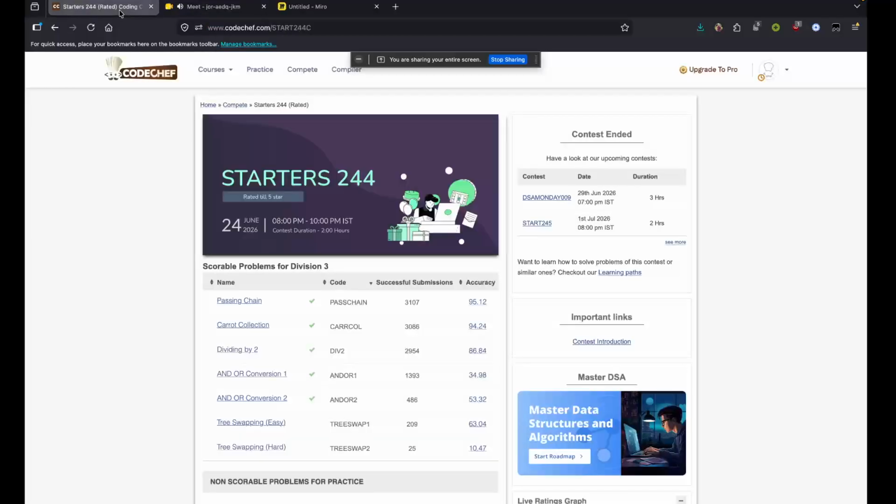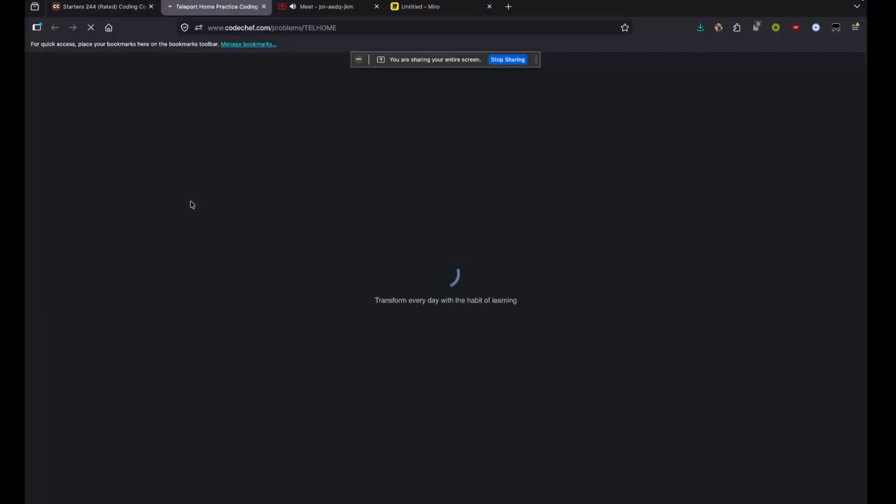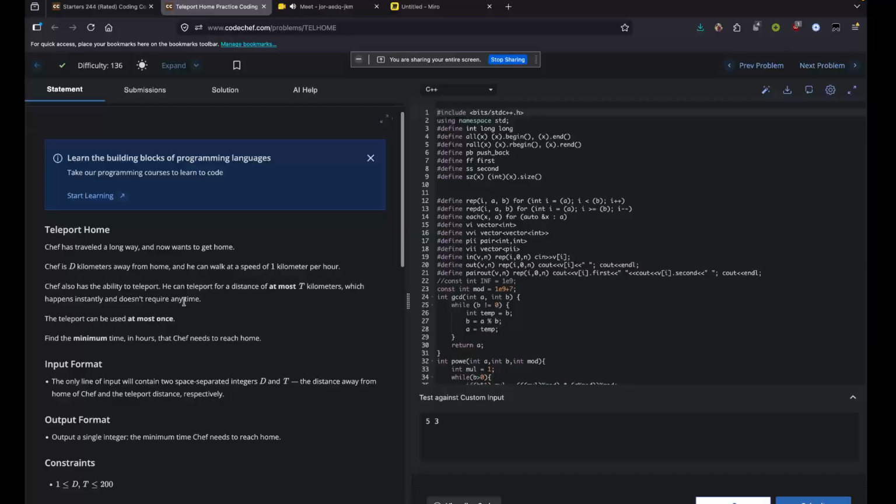Okay. So let's come to the first question. It is very simple. Seth has traveled a long way and now wants to get home. Seth is D kilometers away from home and he can walk at a speed of 1 kilometer per hour.